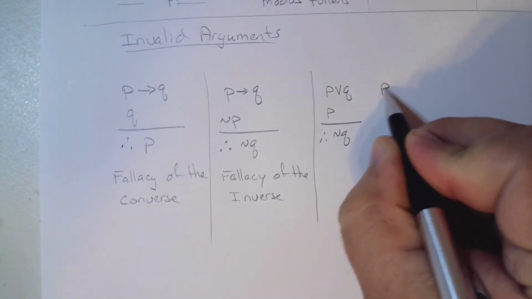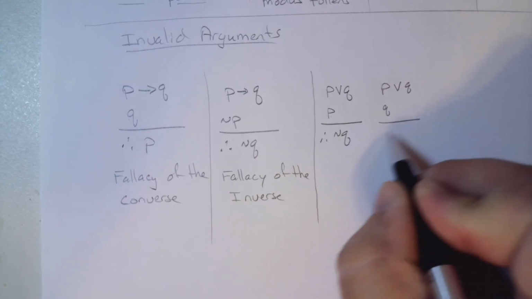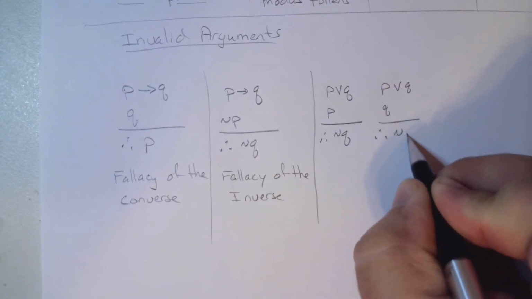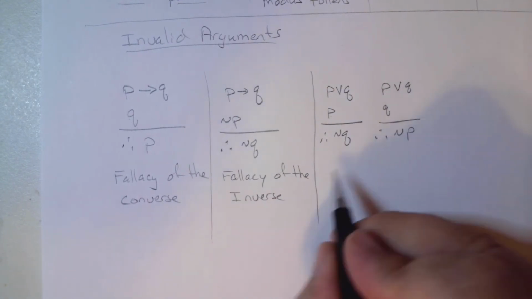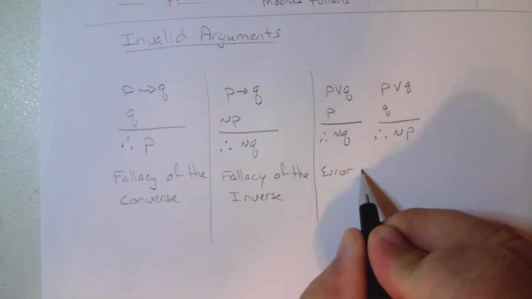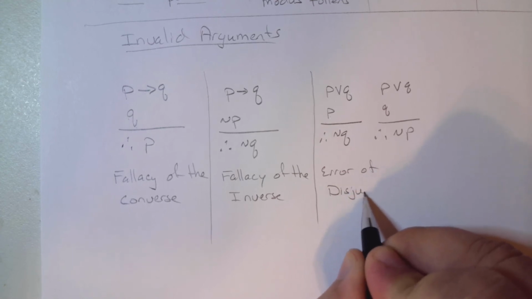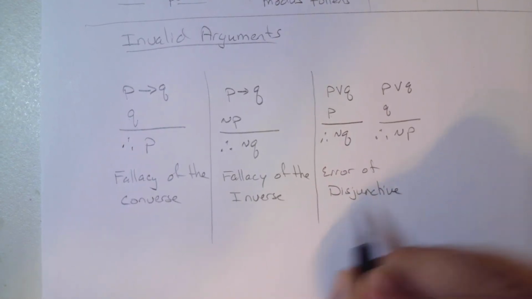Or we could look at P or Q. If I choose Q, you can't say that it's not P. That's called the error of disjunctive reasoning.